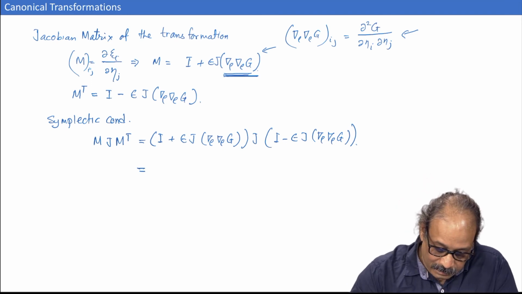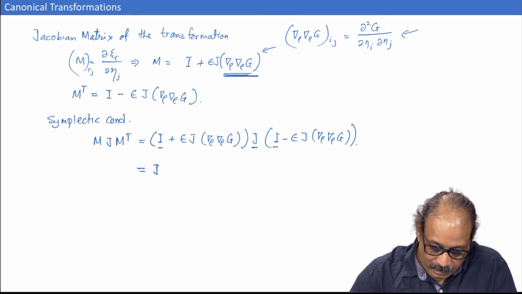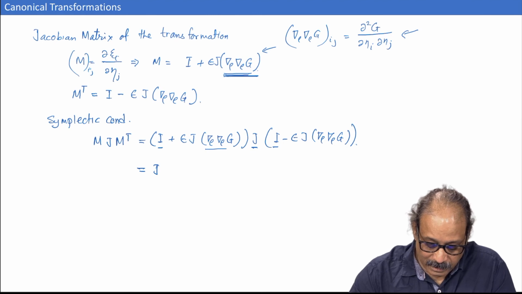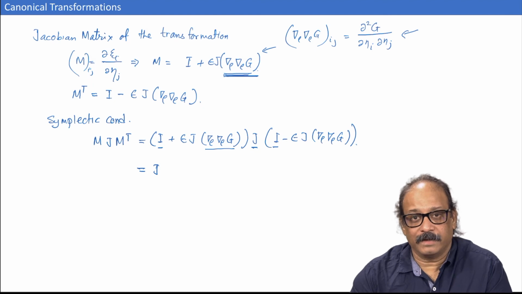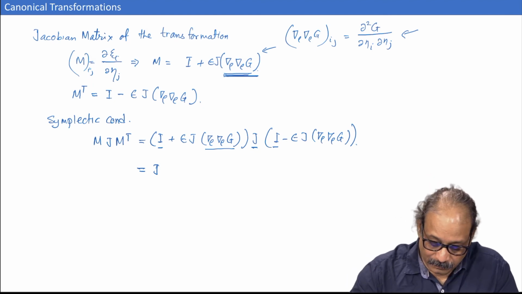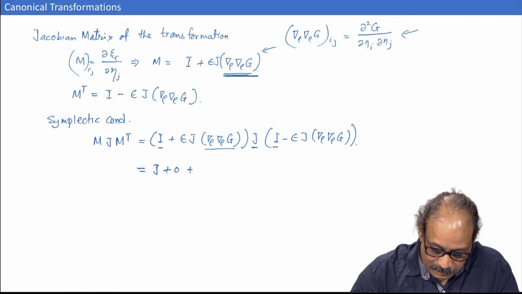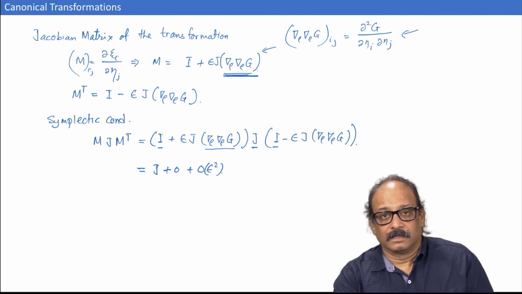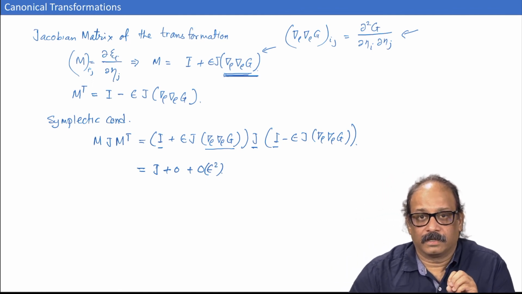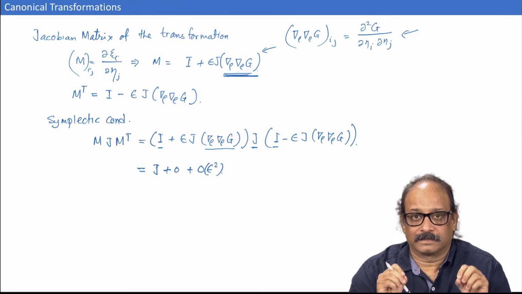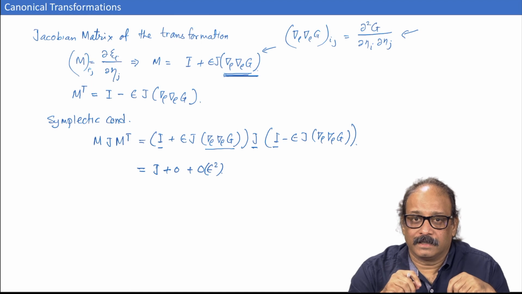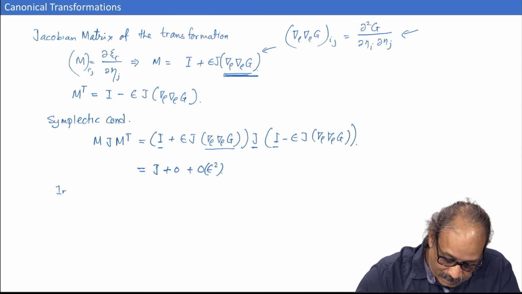So, the first term you get is J. What do you get next? It is epsilon J, then this matrix into J, but you get the same term from the other side with a minus sign, and that is how you get 0 and then terms which are second order. So, you see, even for an arbitrary transformation, I mean not a restricted transformation, the symplectic condition holds, but for the infinitesimal case.